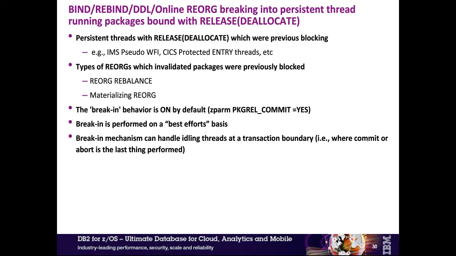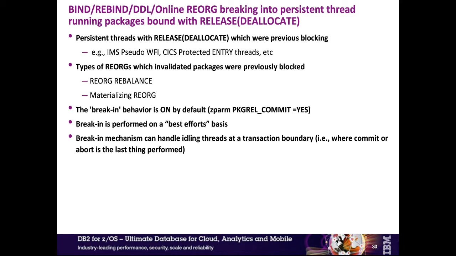And when you try to run these types of activity, they will be blocked by that persistent shared lock on the package. Now, many of you may be puzzled at this stage about why I'm talking about online reorg in this context. Normal online reorg, since version 5, has always been able to break into persistent threads running packages at release deallocate.